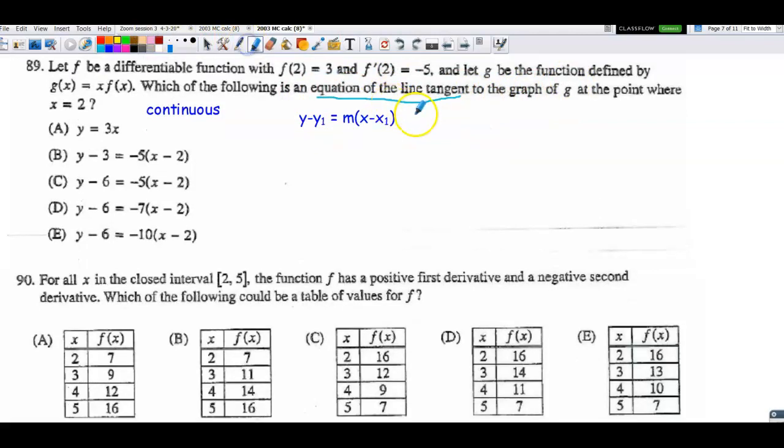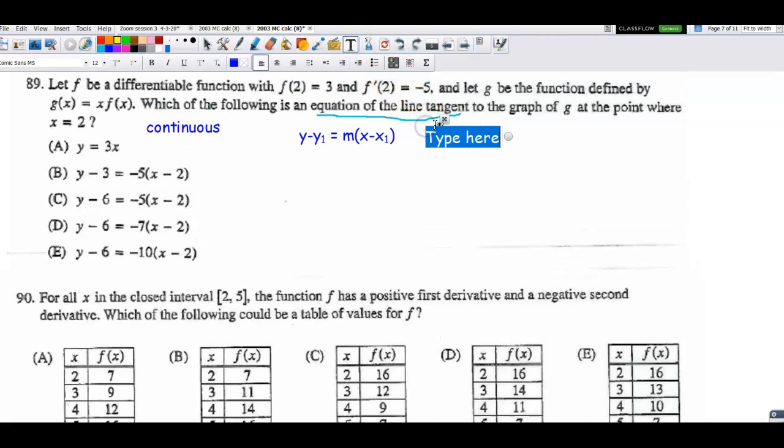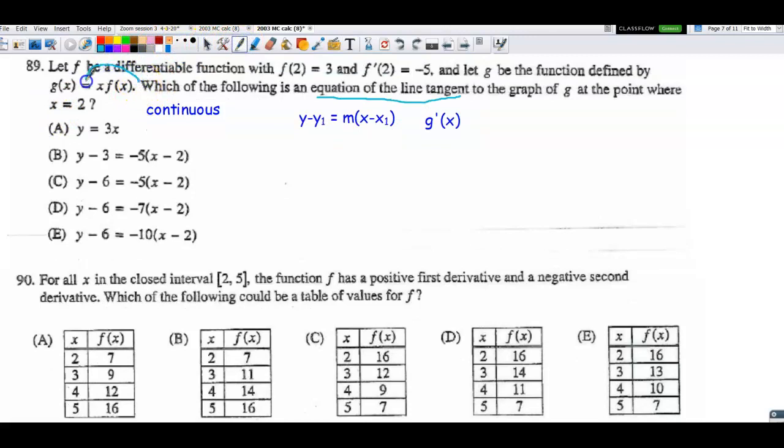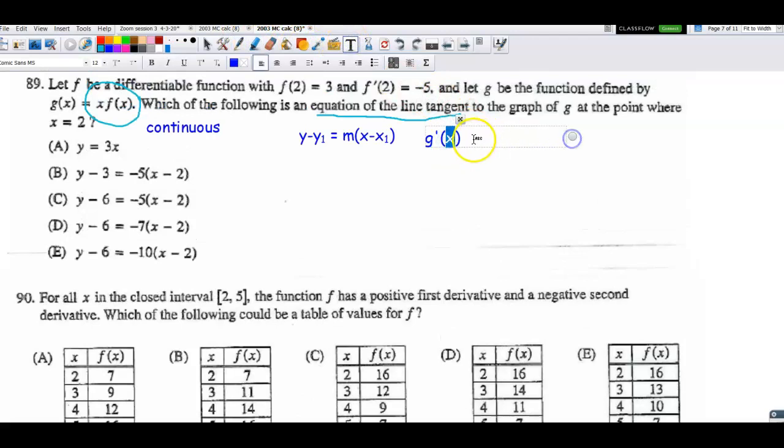All right, so to get the slope, we're going to need g prime. Now g prime, since g is right over here, x times f of x, that is a product. So we're going to need the product rule in order to find that derivative. So we have the first, which is x, times the derivative of the second, plus the second times the derivative of the first, which is just 1.